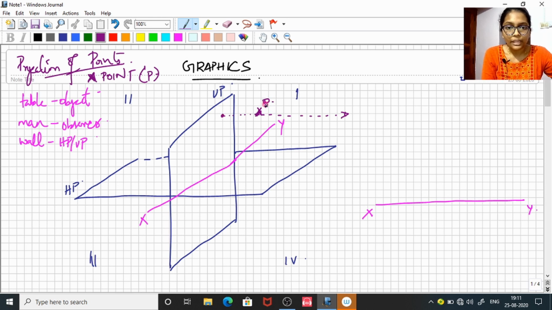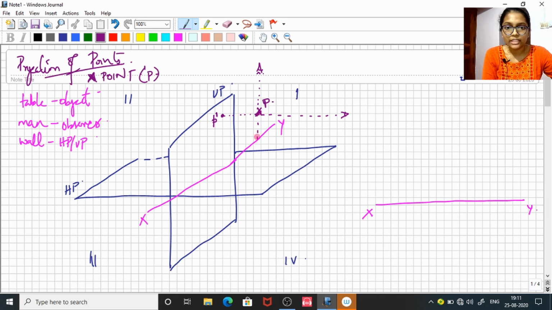This is the line of sight and it gets cast onto this point. So P is cast onto VP and let us mark that point as P dash, small letter p dash. The object is capital P and the projection is small letter p dash. And if the observer is looking at the same point P from a top view angle, then what happens?